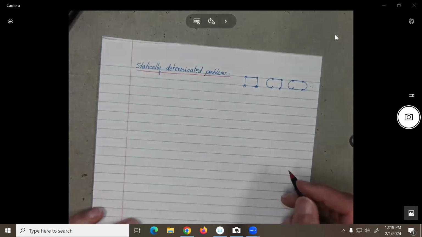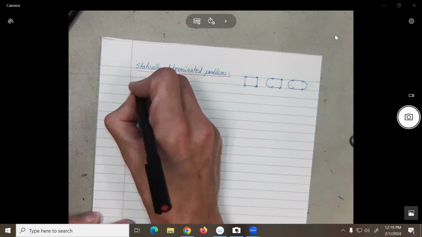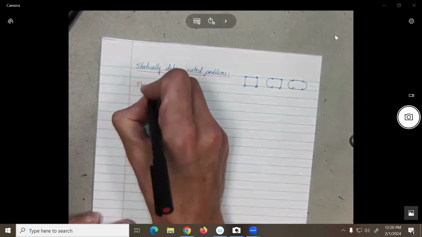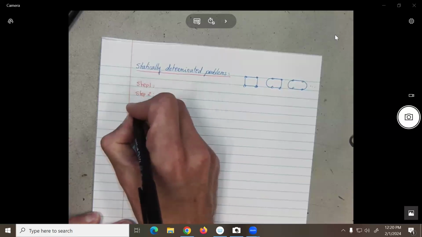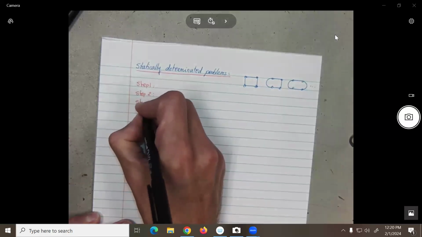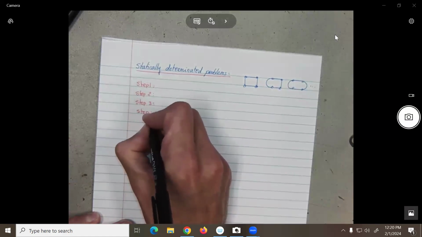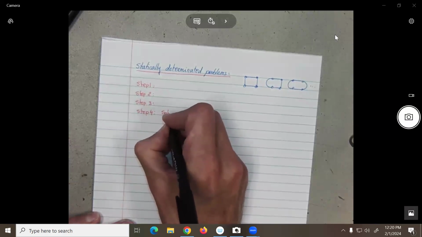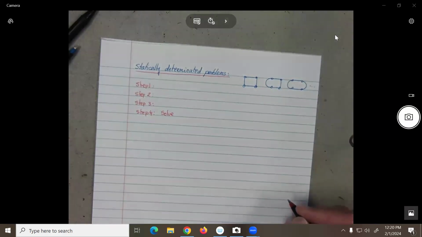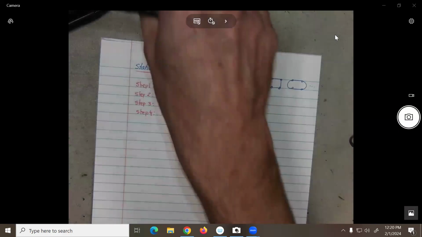Okay, all right. For this type of problem, how many steps do we have? Four, no? So just to remind you, we had step 1, step 2, step 3, step 4. Step 4 was solve. I think step 3 was the moment equation.